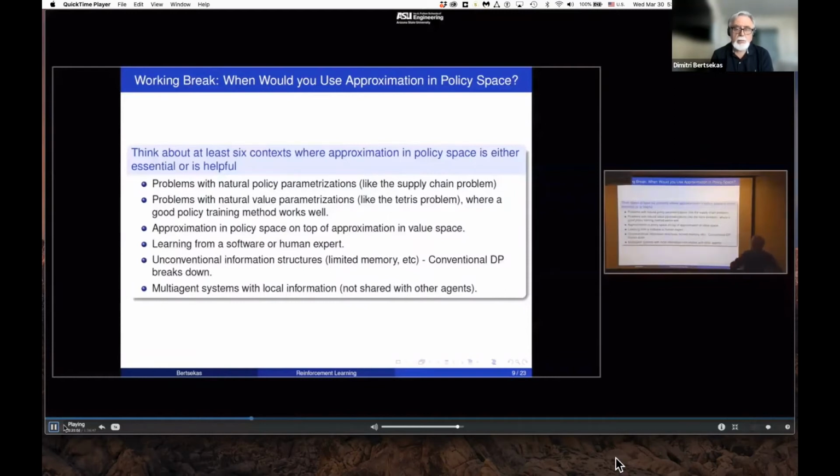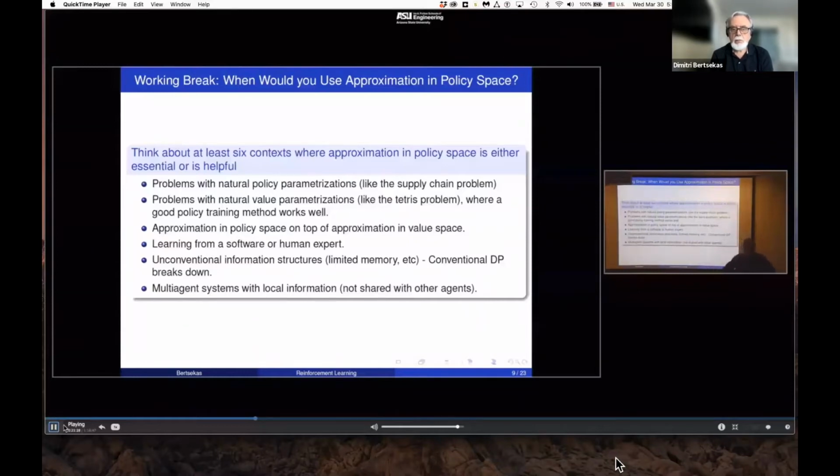Remembers the past controls, remembers the past information. But there may be some limited memory limitation. And here's another interesting context, multi-agent systems, where you have your controller distributed out in various decision points, and each decision point has its own local information that may not be shared with other agents.